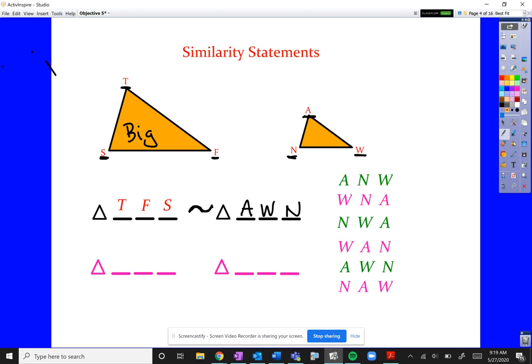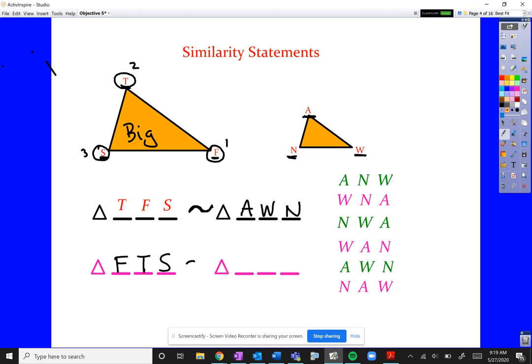Okay, let's think of another way that we can name this. Let's name the triangle FTS. If we name the big triangle FTS, we start on the bottom right, we go up to the top, and we come down the left side.